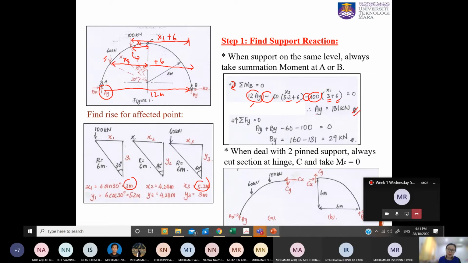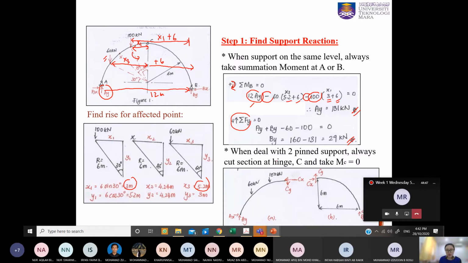After you get this AY, you can use the summation FY to obtain your BY. But you cannot determine the AX if you consider the whole system. Therefore, please utilize the hinge. What we can do here is we cut at the hinge.